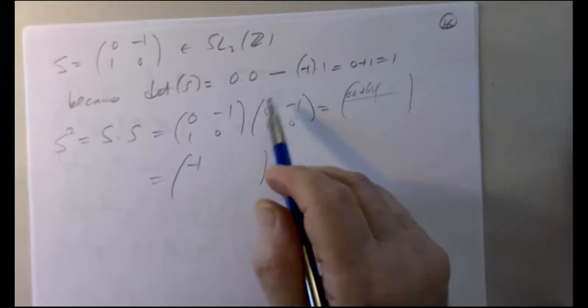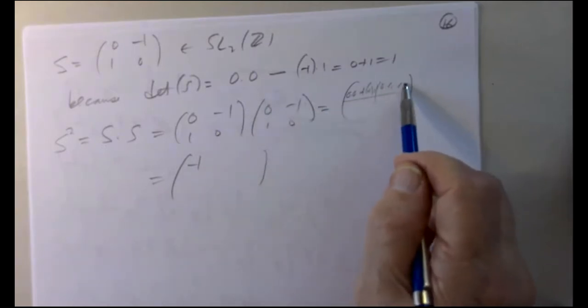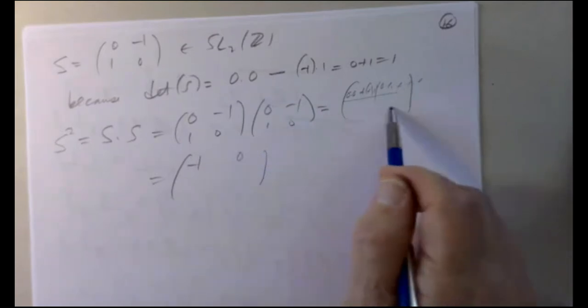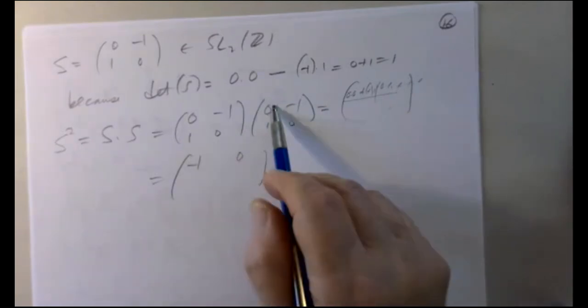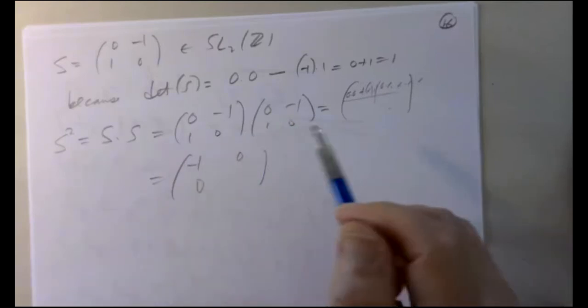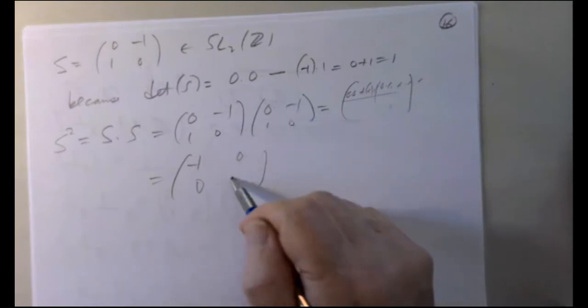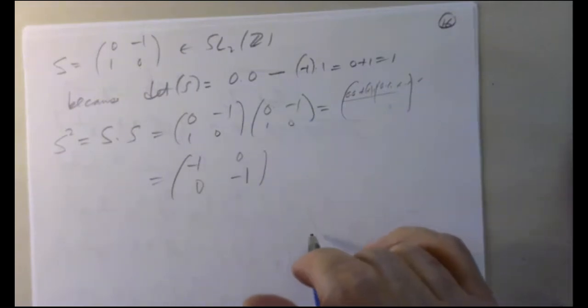In this position, you get 0 times minus 1 plus minus 1 times 0, you get a 0. In this position, you get 1 times 0 plus 0 times 1. And in this position, you get minus 1 plus 0, which is minus 1.